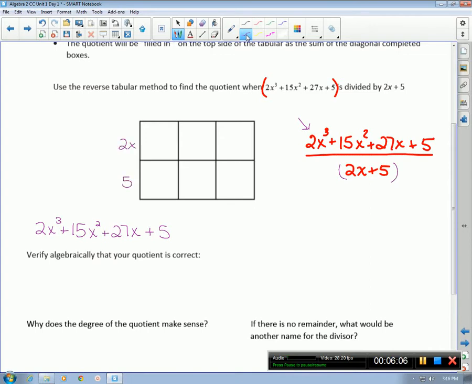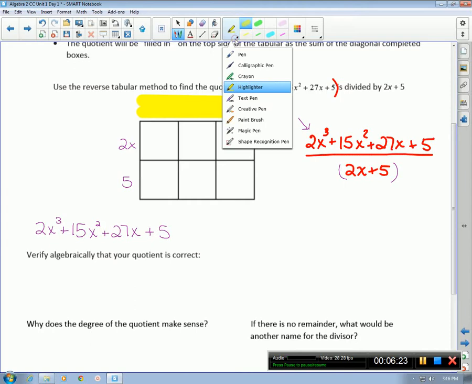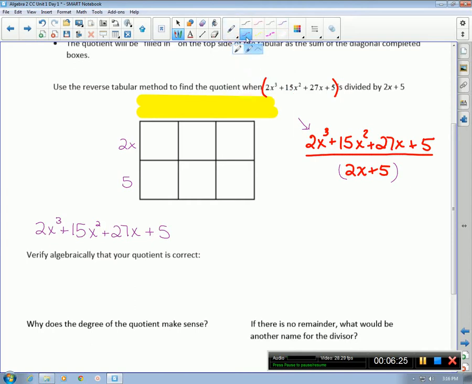Okay? Now we're going to use all the knowledge that we have from tabular multiplication to figure out our quotient up here. So we're looking for this up here. So first thing we know is that 2x cubed would have come from this box.